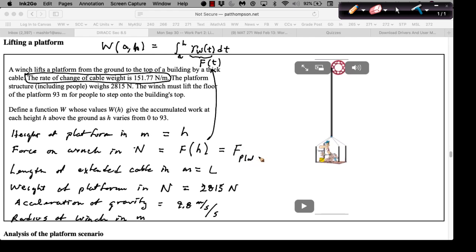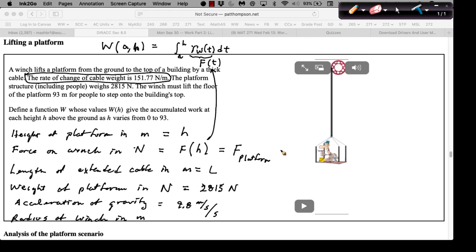Anything else putting a weight on the winch? So the rate of change puts force on the winch. What else puts force on the winch? Well, yeah, all forces are gravity, right? But besides the platform, the cable weight, right?